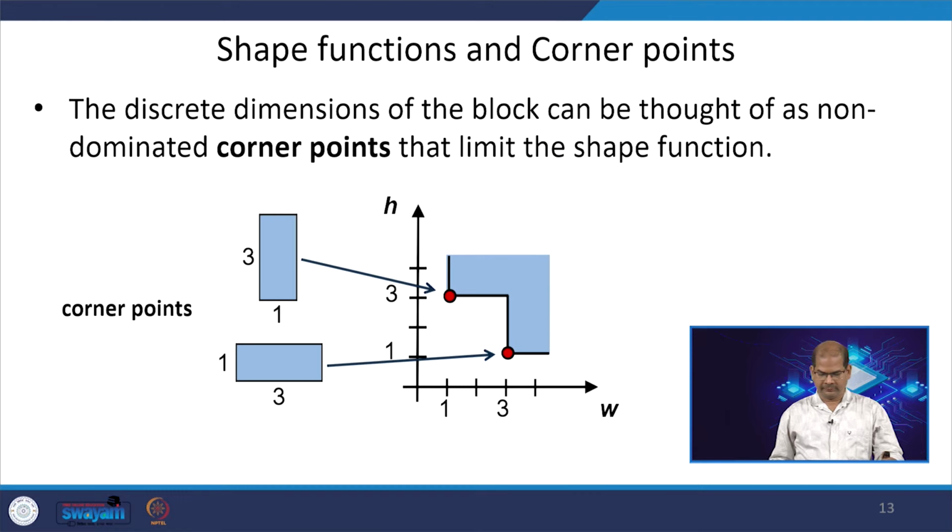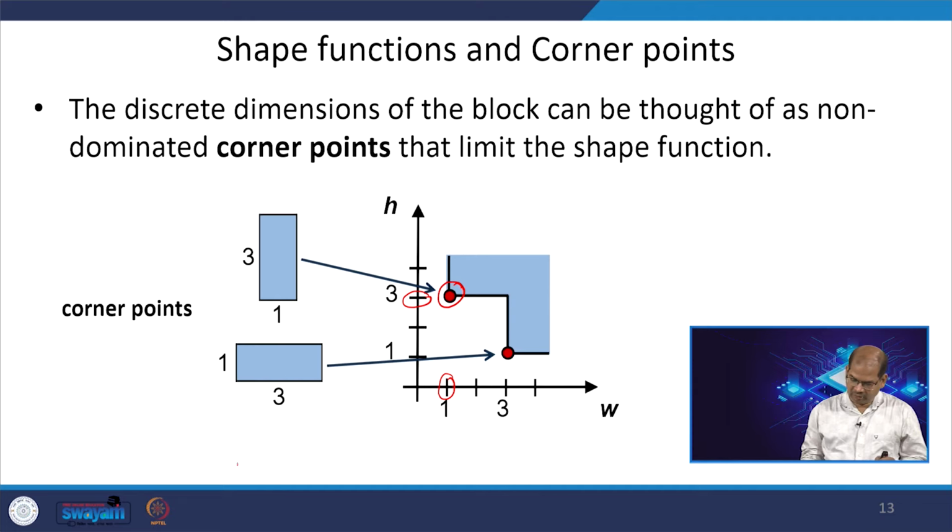Okay. Now, we will look into how I can use some of the blocks to create my floor plan. Let us say I have this discrete dimension of the block, which can be thought of as non-dominated corner points that limit the shape function. Here you can see I have two orientations, one horizontal and one vertical. In the vertical orientation, the width is 1 and the height is 3, which gives a point in the shape function.